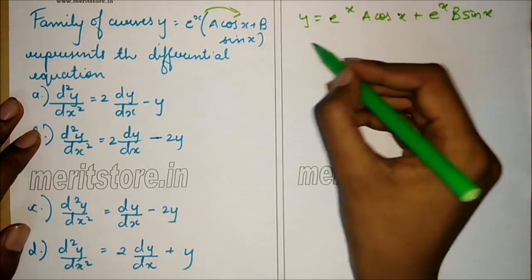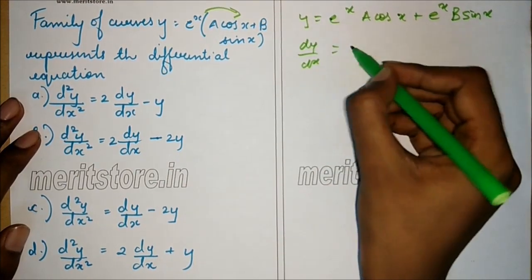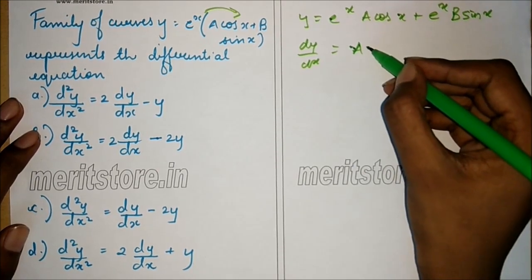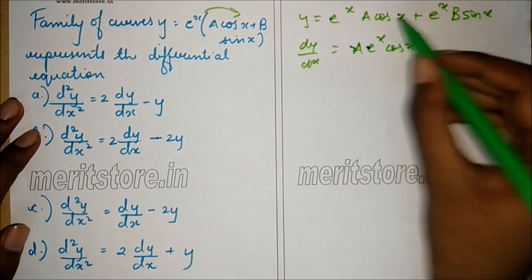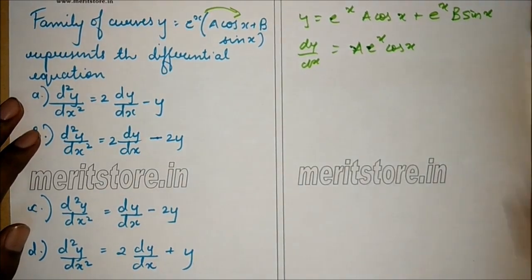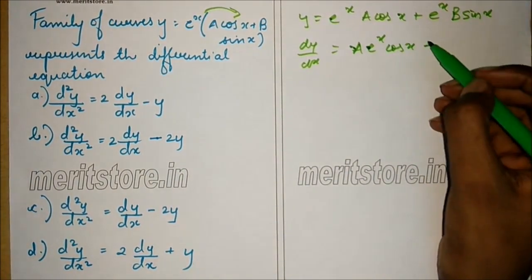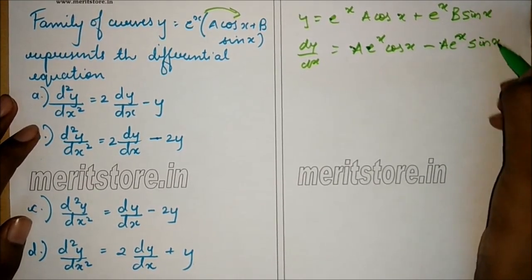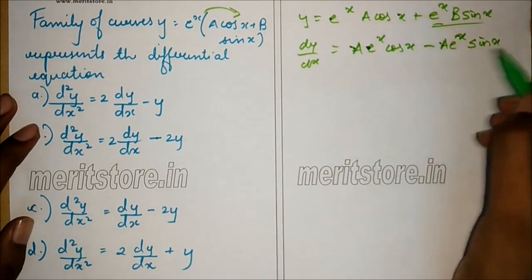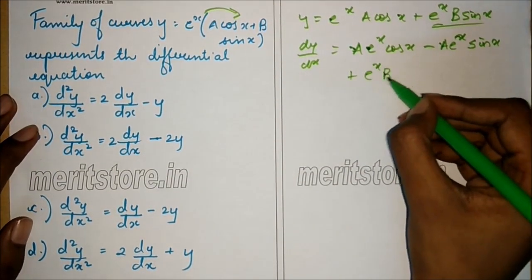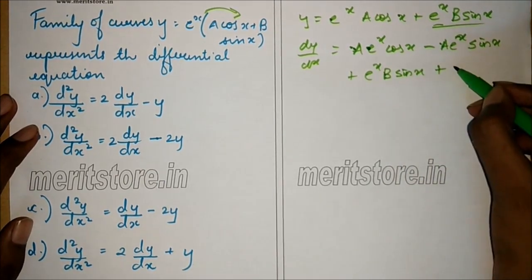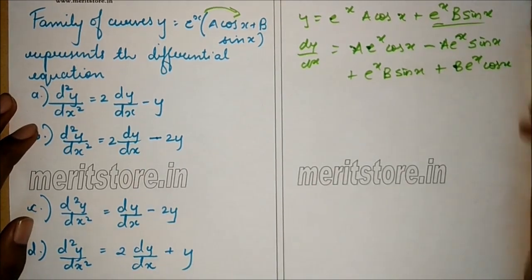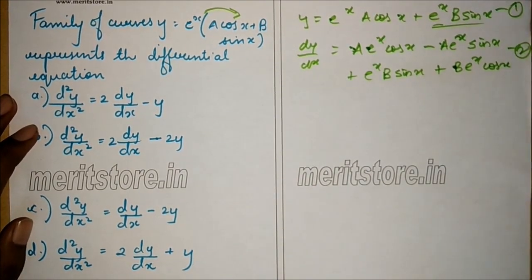So differentiating this with respect to x, dy by dx equals, using the u into v rule, a e raised to x cos x, differentiation of e raised to x is e raised to x, minus the derivative of cos x is minus sin x, minus a e raised to x sin x. Similarly for this term, this will be plus e raised to x b sin x plus b e raised to x cos x. Let this be equation 1, let this be equation 2.